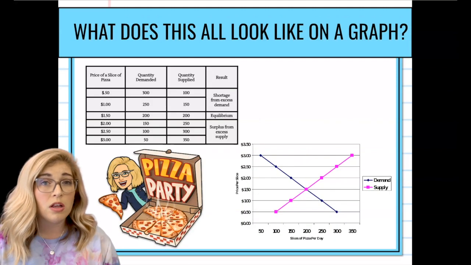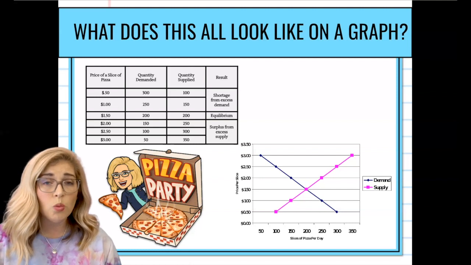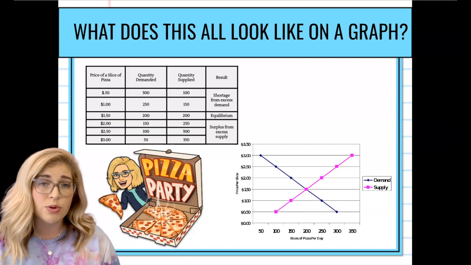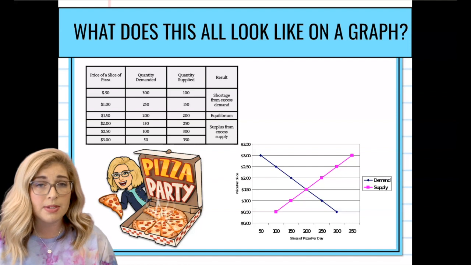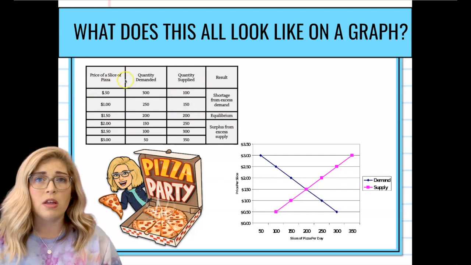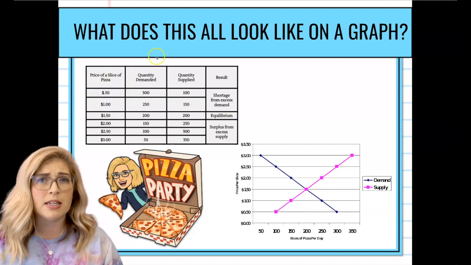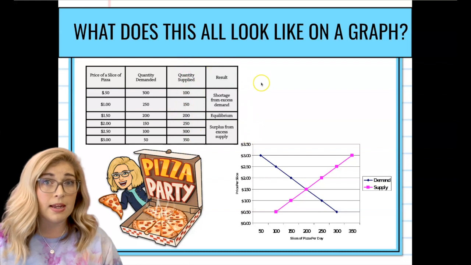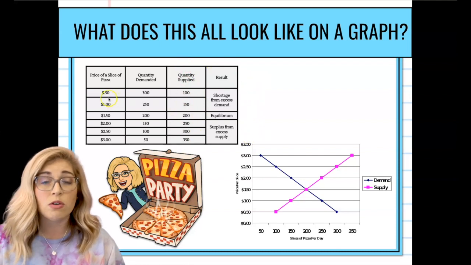Now, what does this all look like when we put it all together? We have a market supply schedule and a market demand schedule that we put together. As you can see here, I use the example of pizza. So we have the price of a slice of pizza, the quantity demanded, the quantity supplied, and what that's going to result in.